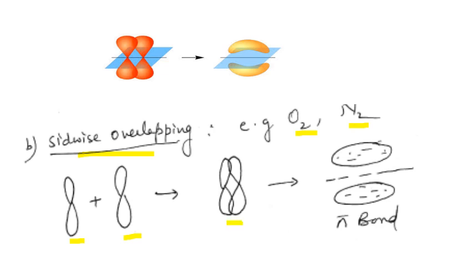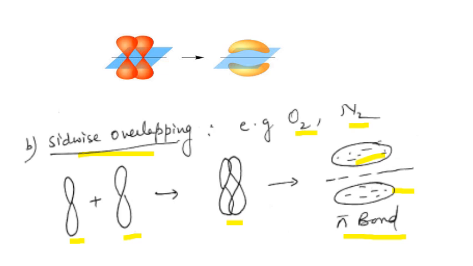Sidewise, it overlaps when they come close to one another, and the electron density lies above and below the internuclear axis. This kind of bond formation by sidewise overlapping is called the pi bond.